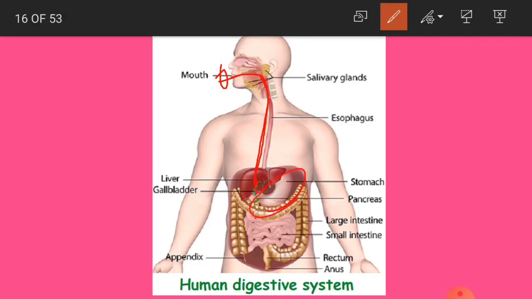These are all our intestines. All these are connected. Whatever parts are labeled here are all connected to the human digestive system. We are going to learn more in future, but for now I am just showing you the diagram. Where is our food going to be digested? Here, in the stomach.